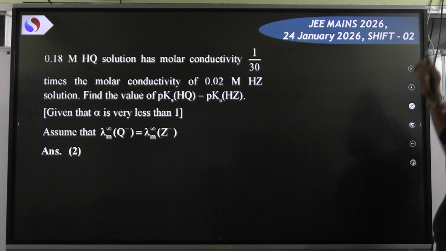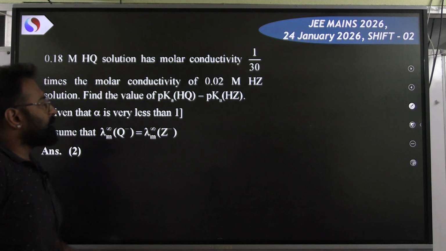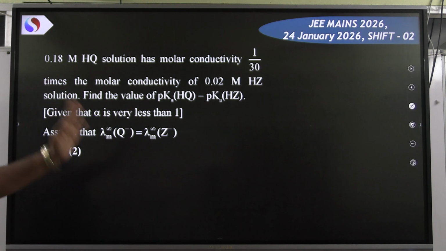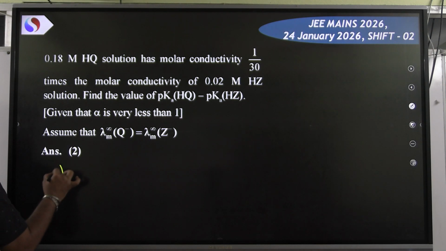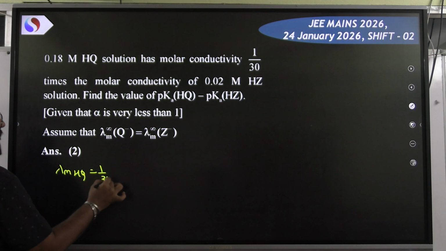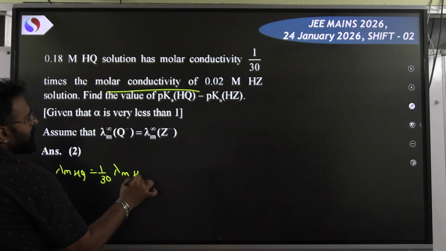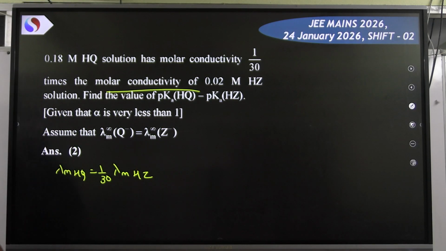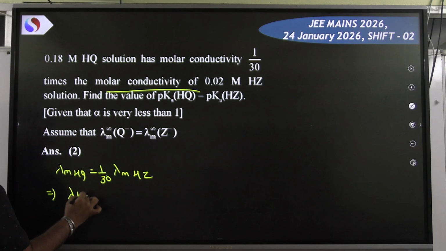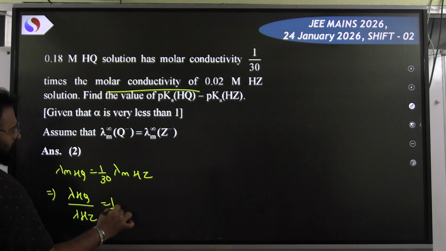Now move to the next question. A 0.8 molar HQ solution has a molar conductivity of 1/30. Matlab the question is given lambda m of HQ is 1/30 times lambda m of HZ. So lambda HQ by lambda HZ is 1/30.